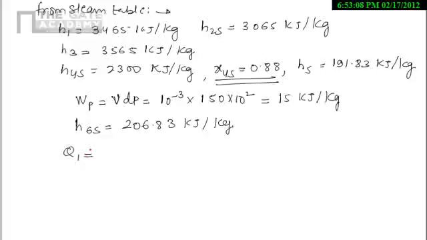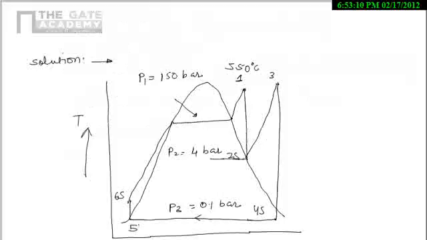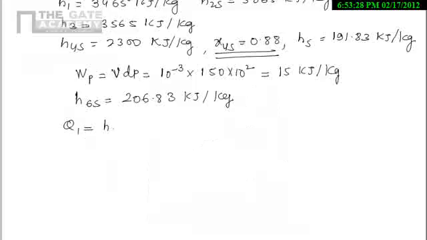Now we are interested in heat addition. If you see this process, here are two kinds of heat addition. One is from 6s to 1, and second is from 2s to 3. So two times we are adding heat, so we have to calculate total heat addition twice. So for 1 to 6s we are having H1 minus H6s, and for 3 to 2s I am having H3 minus H2s.